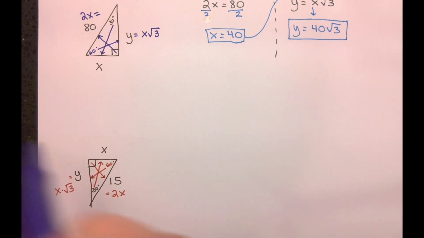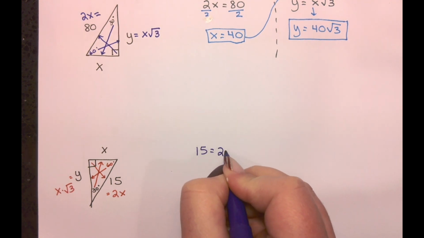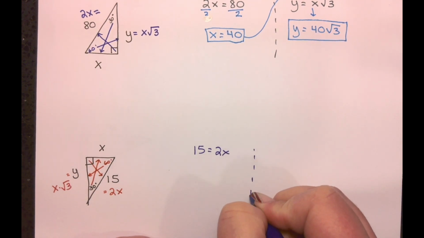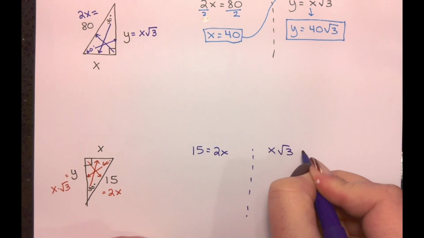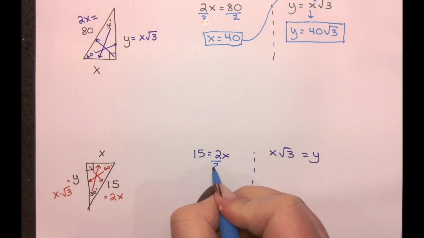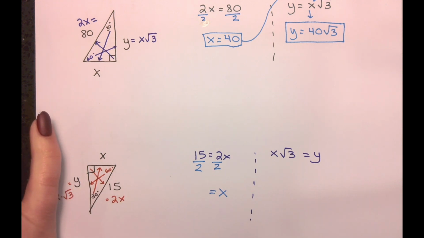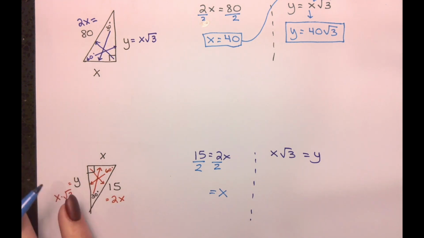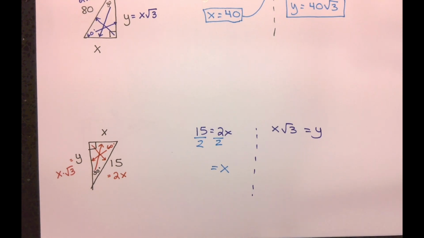Set up your mini equations. We got x root 3 is equal to y. Here we're dividing by 2, x is equal to 15 divided by 2, which is not pretty. 7.5. So it could be worse, right? But it's not a perfect number. So remember, decimals are not allowed.